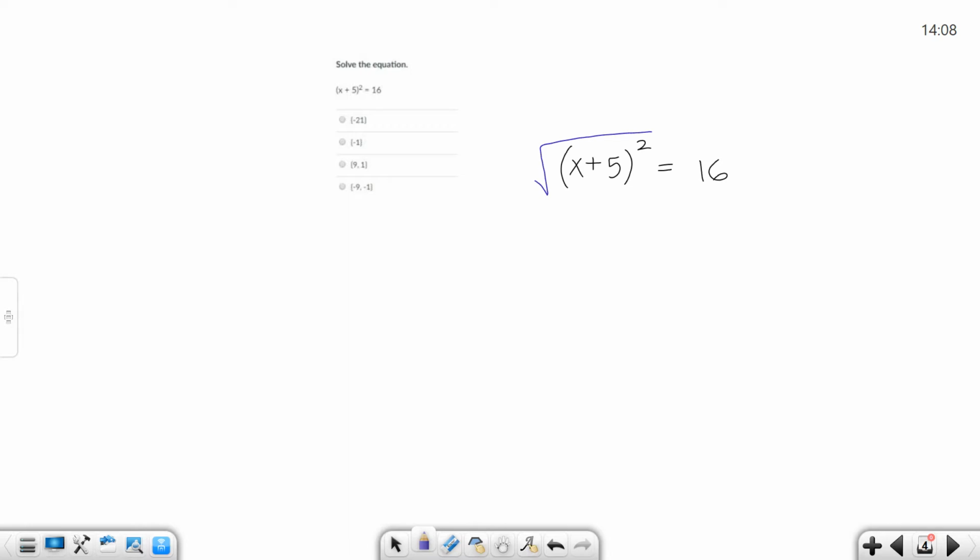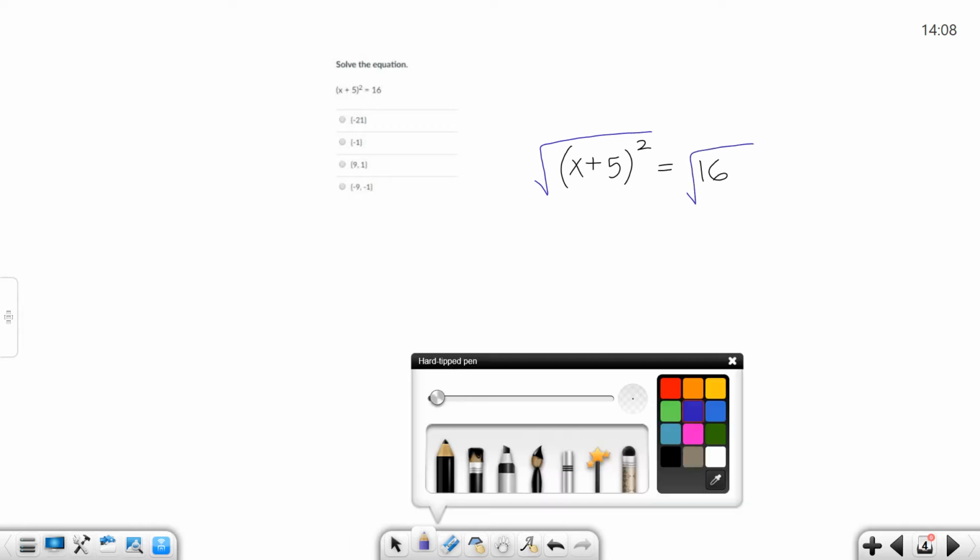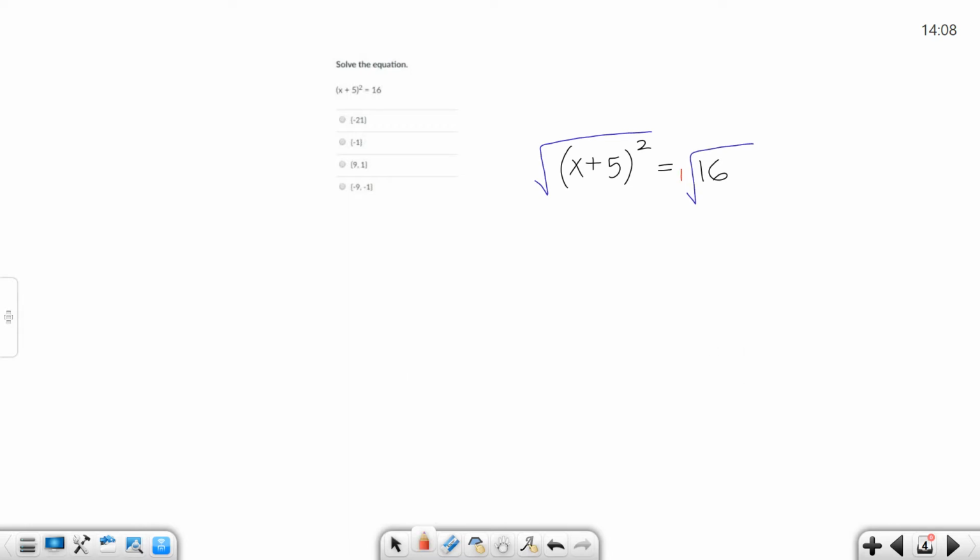So I'm going to take the square root of both sides, but you have to remember on this side over here, put a plus or minus. Okay, so we're going to get x plus 5 here equals plus or minus 4. x plus 5 would equal 4, and x plus 5 would equal negative 4.